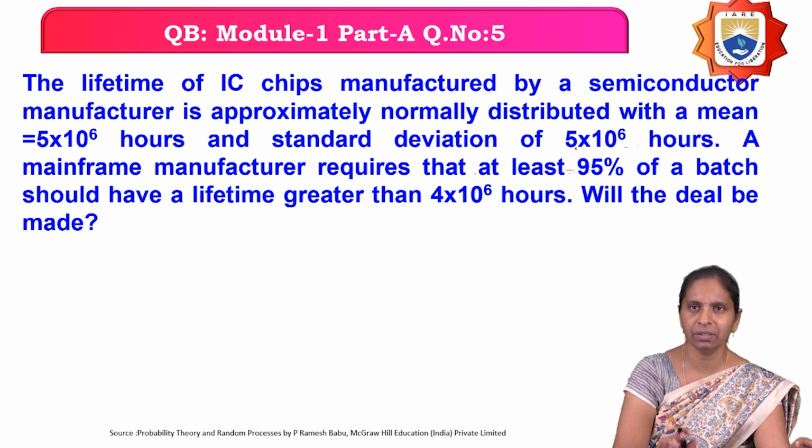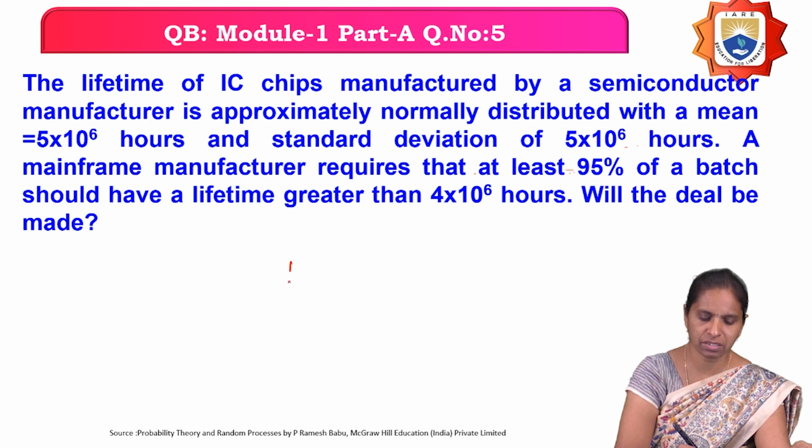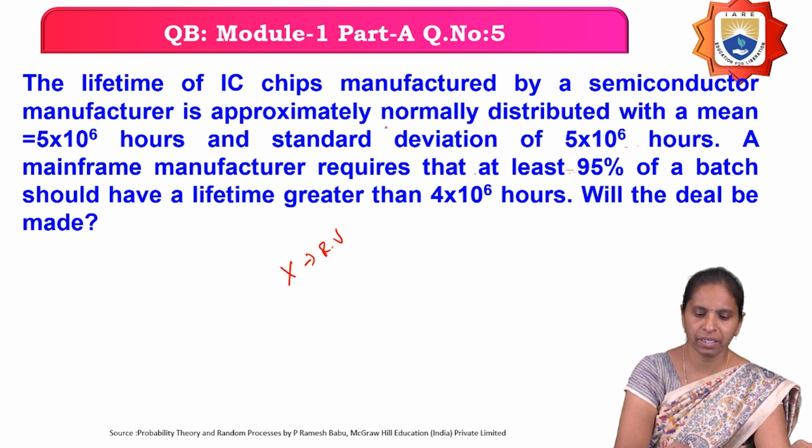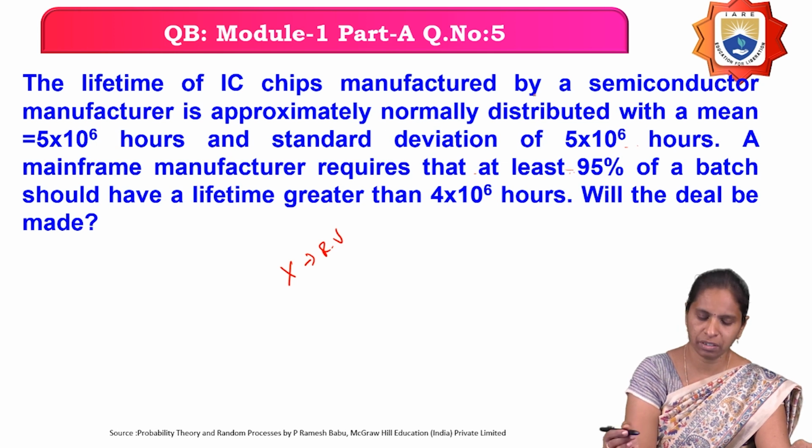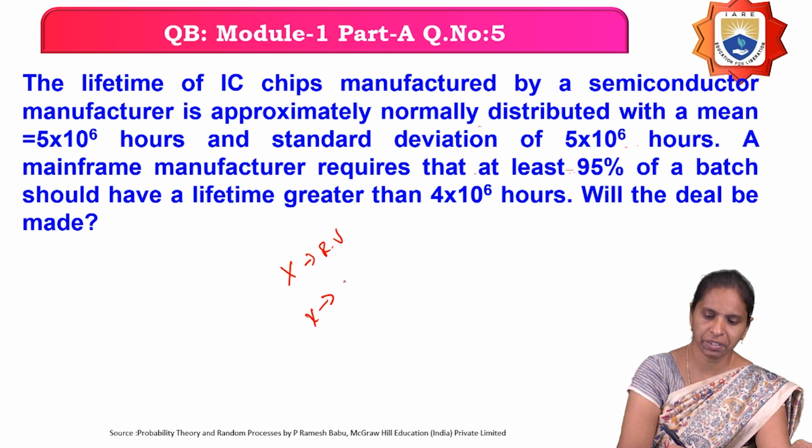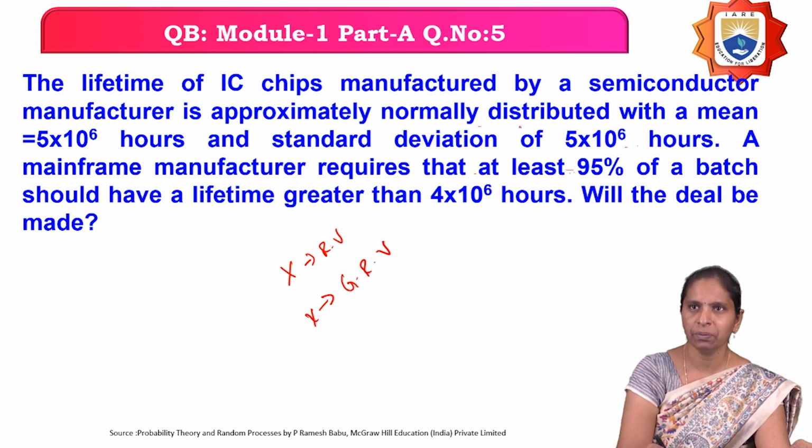Will the deal be made or not? You have to calculate. Let us consider the lifetime of the IC chip to be represented by the random variable x, which is approximately normally distributed. What is the type of random variable here? The Gaussian random variable.